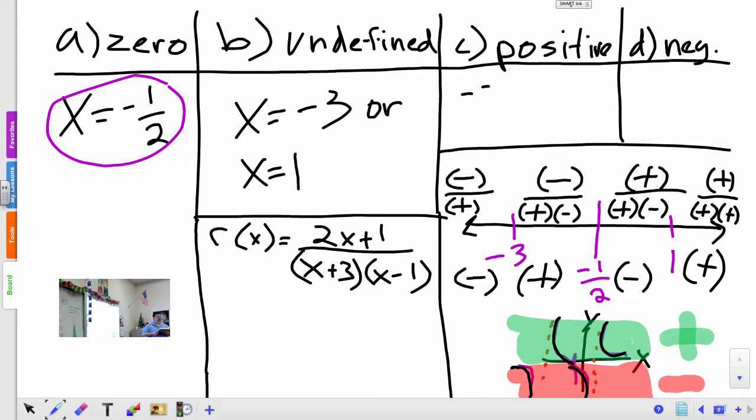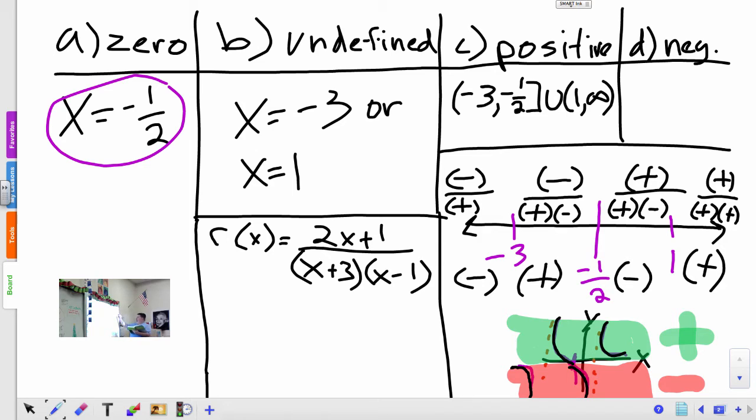Can we include the -1/2? Yep. So we say from -3 to -1/2, but we can include the -1/2. And then it's positive again from 1 and beyond. Can we include the 1? No, we cannot. So this would be 1, comma, positive infinity.